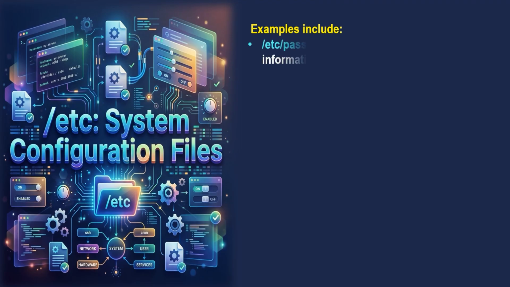Next, we will see the system configuration files. All the system-wide configuration files and startup scripts are under the /etc folder. When you modify system settings like network configuration or user management, the files being changed are in /etc. Examples: user account information is available under /etc/passwd.